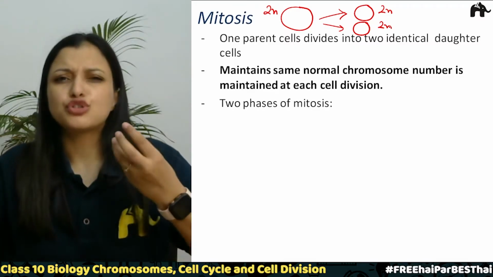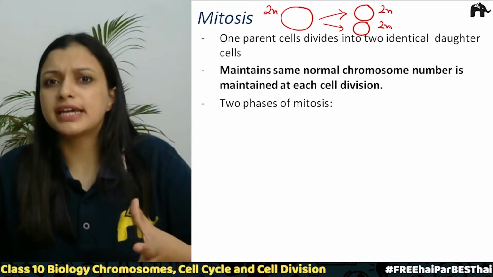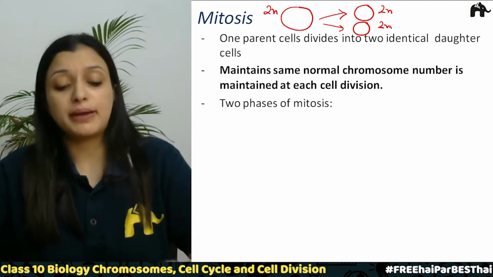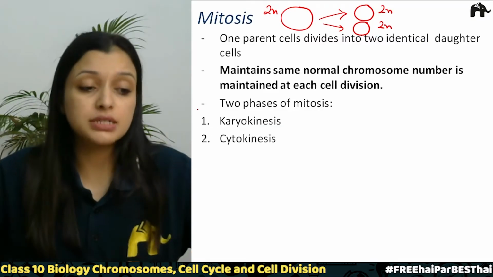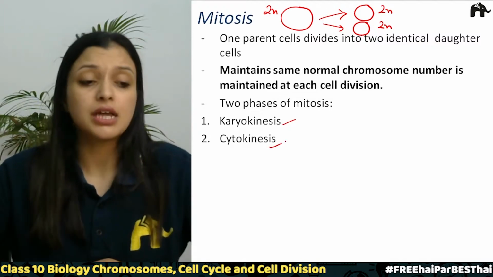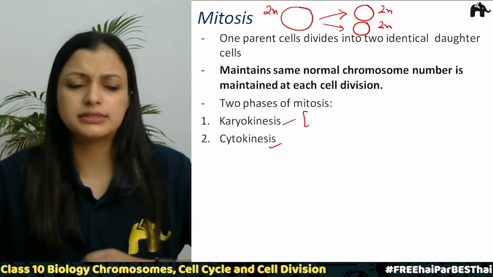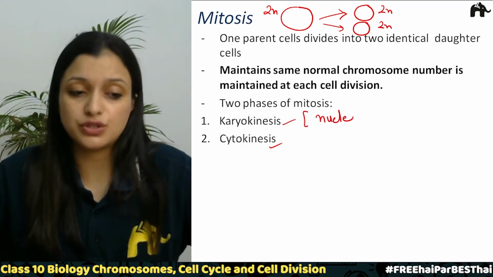Then if you talk about the two phases of mitosis, it generally happens in two phases. The first one is karyokinesis and the second one is cytokinesis. Talking about karyokinesis in brief, what is karyokinesis? It is nuclear division.